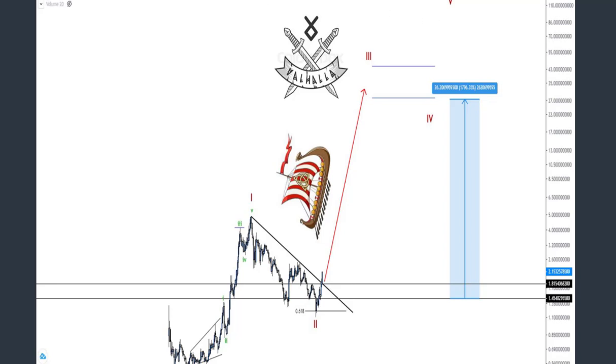What is happening is what was supposed to happen. Again, I'm doing Elliott wave, and from everything I'm seeing, there's no reason to think we are not in a wave 4, meaning there's no reason to think wave 5 is not coming behind.